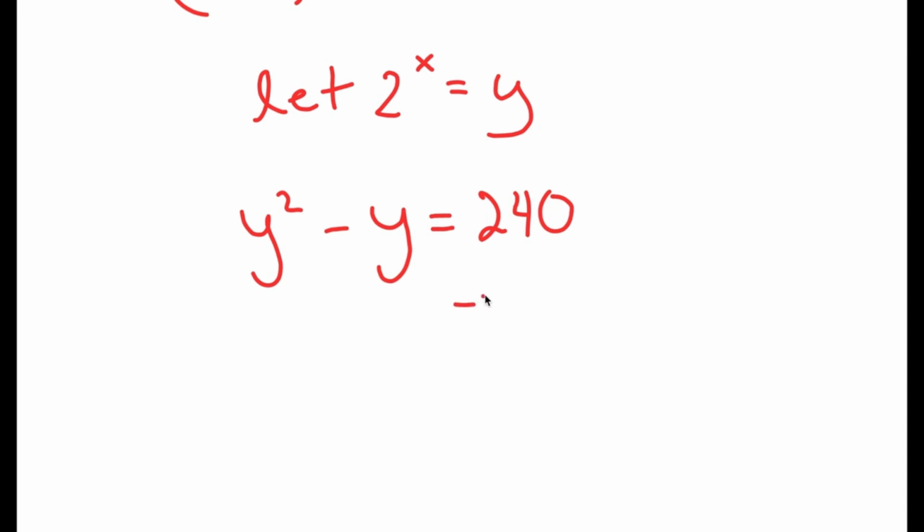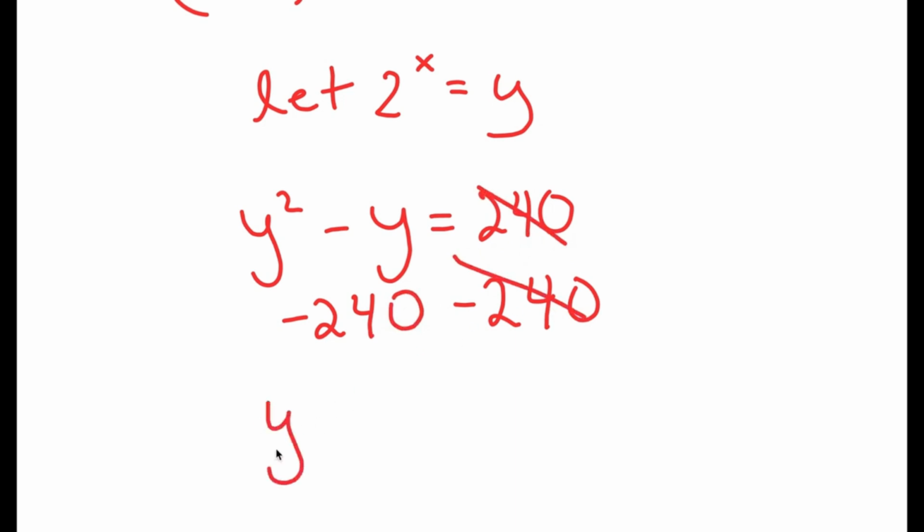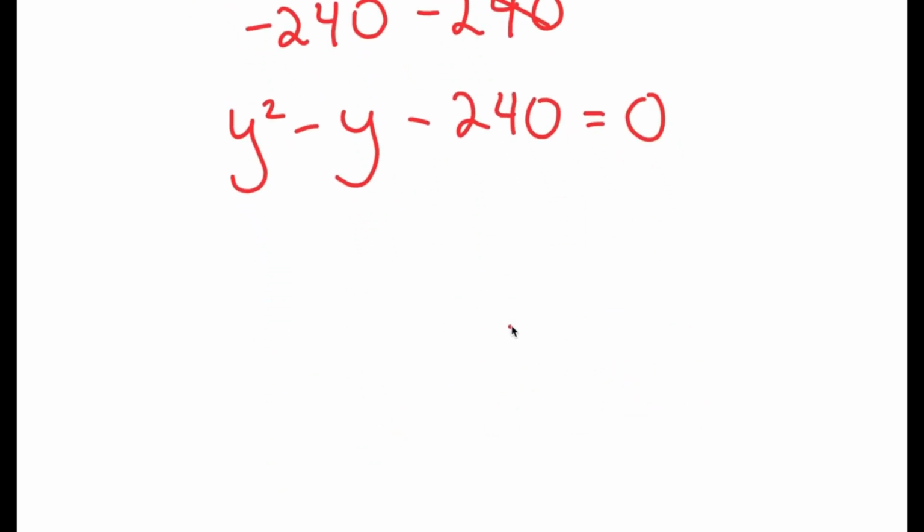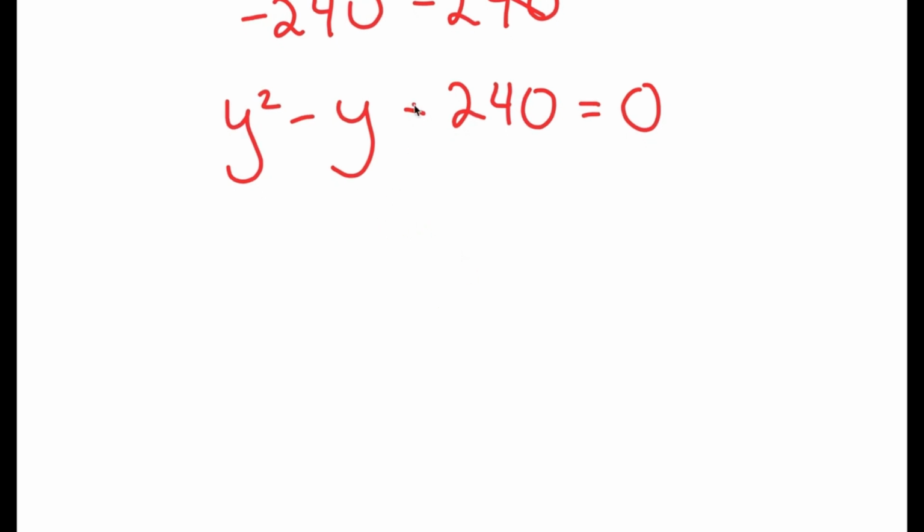And now I can subtract 240 on both sides. So these two cancel out, and I get y squared minus y minus 240 is equal to 0. So what I have here is a quadratic equation. And to find the solutions of this quadratic equation, I can use the quadratic formula.